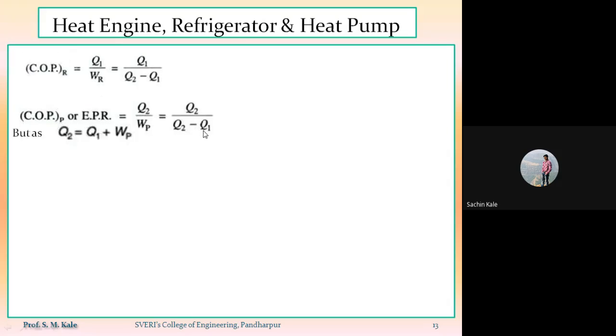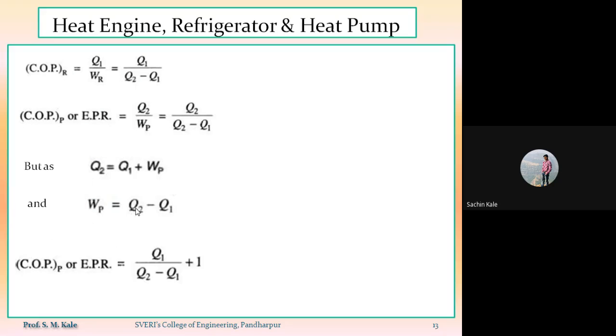Q2 is Q1 plus work done, and work done is Q2 minus Q1. So if I put the value of Q2 as Q1 plus W, and W as Q2 minus Q1, then I will get the equation.